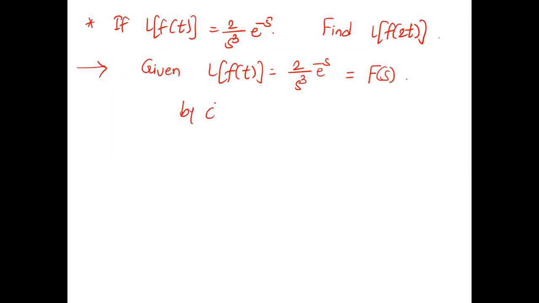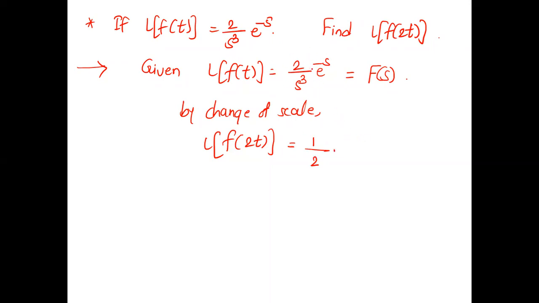Then by change of scale, we want f of 2t. So where will be the changes? Yes, s is replaced by s by 2, and the whole thing is multiplied by 1 by 2.